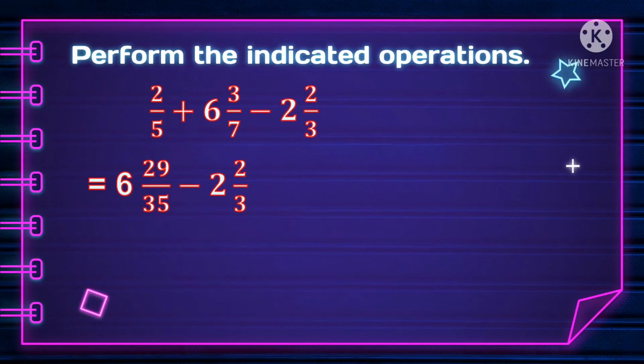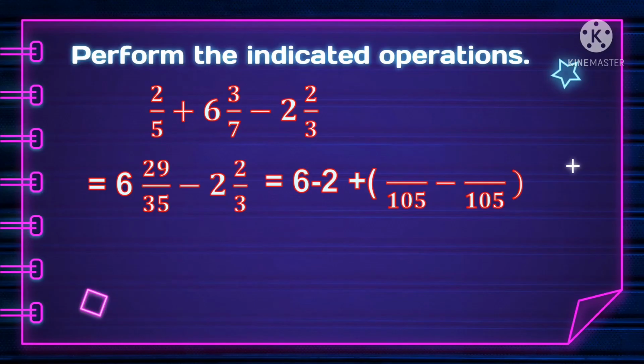So, kung papansinin nyo, they are dissimilar fractions, so we have to get the equivalent fractions by finding the LCD of 35 and 3. So, ang LCD ng 35 at 3 ay 105. Then, i-minus na natin yung whole number, yung 6 and 2. So, 6 minus 2, may nakaabang na dyan, na 4.